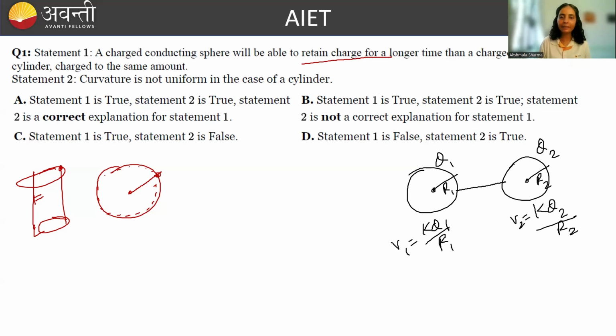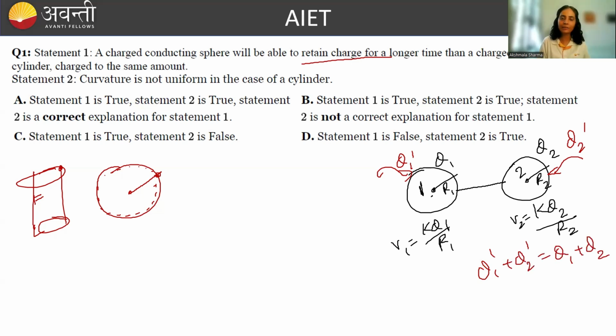If v1 is greater than v2, what will happen? Charge transfer will happen, right? Charge will get transferred from one sphere to the second until both share the same potential. So you can easily calculate the ratio of final charges on the two spheres. Suppose finally this sphere has charge q1 dash and this one has q2 dash, such that q1 dash plus q2 dash will be equal to q1 plus q2, because charge is just getting distributed from one to another and is not leaving the system of these two spheres.